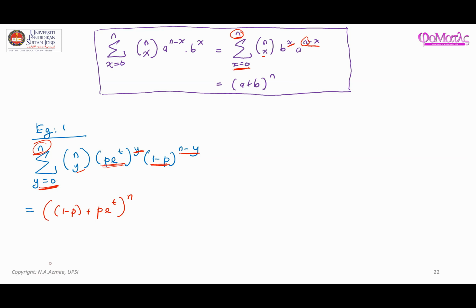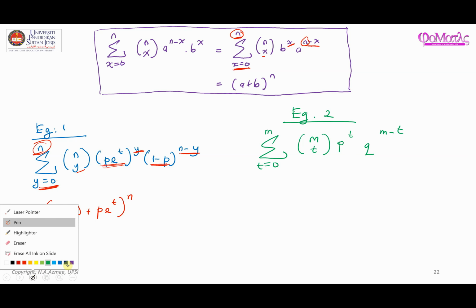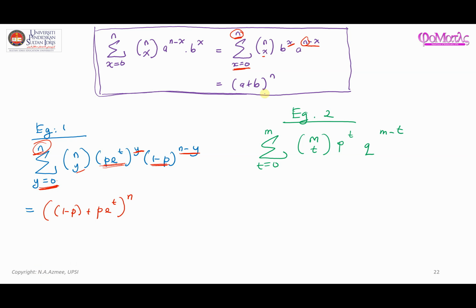Second example. Okay, let's say you have this expression to evaluate: the sum over t equals 0 to m of C(m,t), p^t, q^(m-t). Again, you should recognize it has a similar pattern to what we have in this purple box here. So you can see that here we have t equals 0 until some value of m.